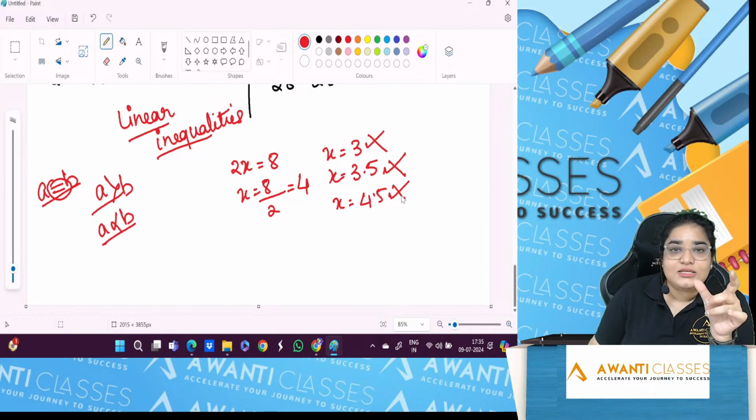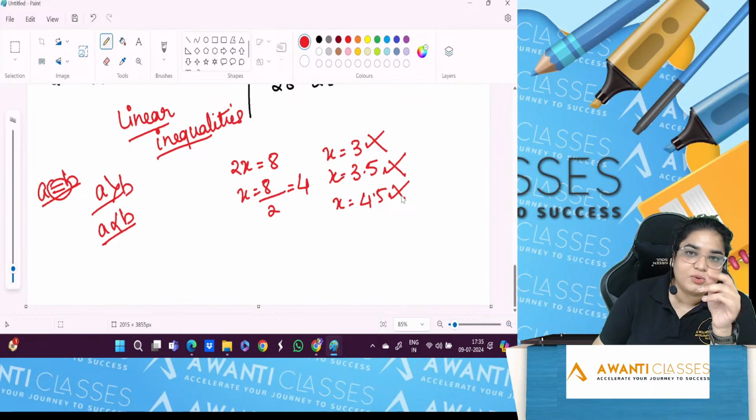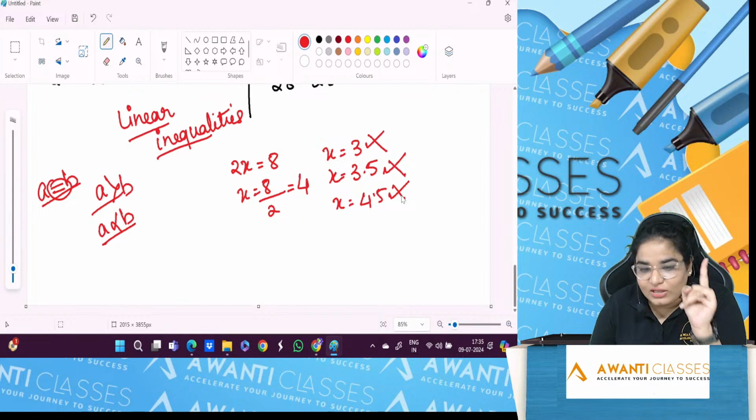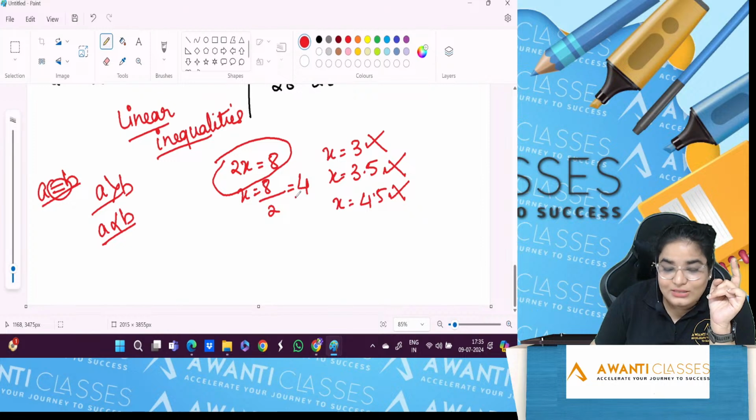If you remember yesterday, we saw this quadratic equation because the degree is 2, there are 2 roots. Cubic equations because the degree is 3, there are 3 roots. Similarly, with linear equations, because the degree is 1, there is only one solution. In this case, where I take 2x is equal to 8, only 4 is the answer.